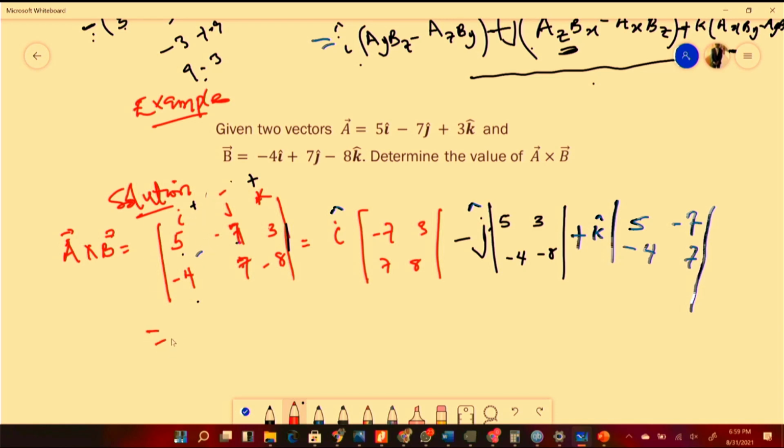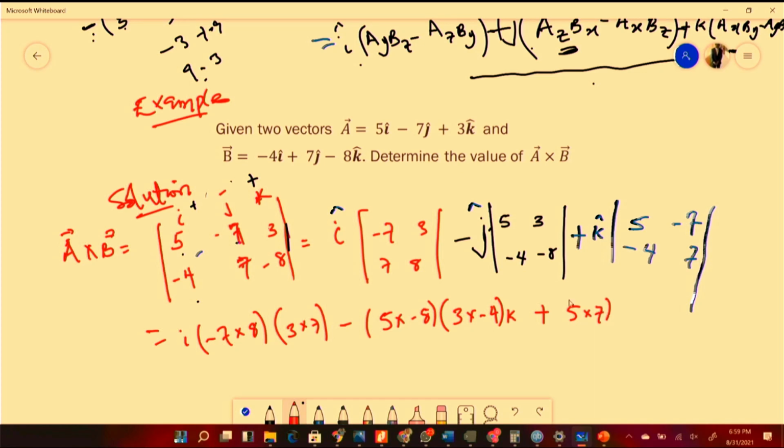So if we do this, we have minus 7 times 8, and we have 3 times 7 to give us our i. Then we have minus. Then we have 5 times minus 8. Then we also have 3 times minus 4 to give our k. Then we have also 5 times 7.